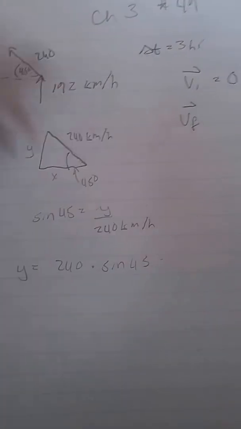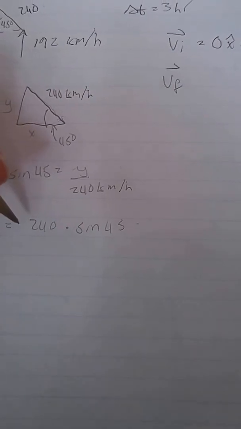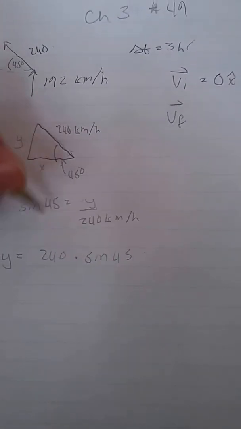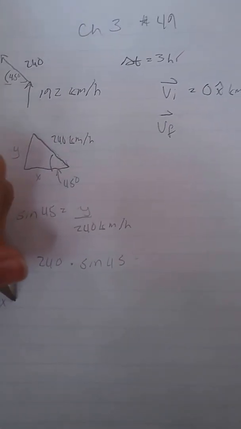We can do the same thing for the x. The x is just going to be the same as the y except with cosine 45 because it's adjacent over hypotenuse, and we just do the same thing as we did with the y.